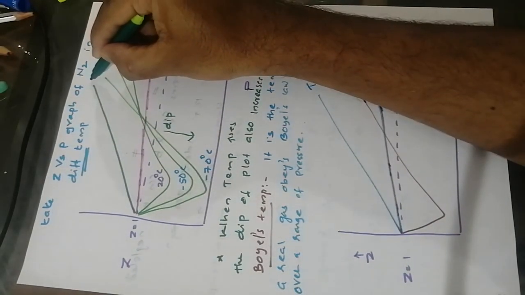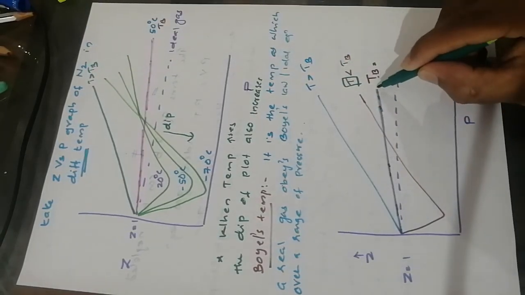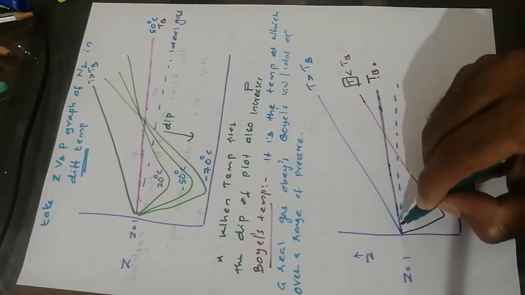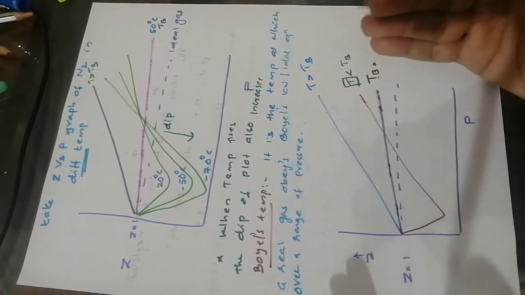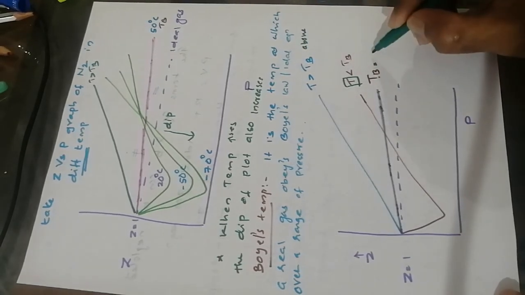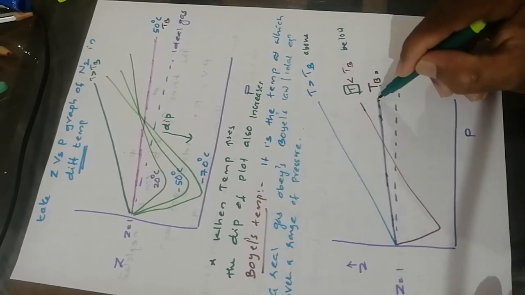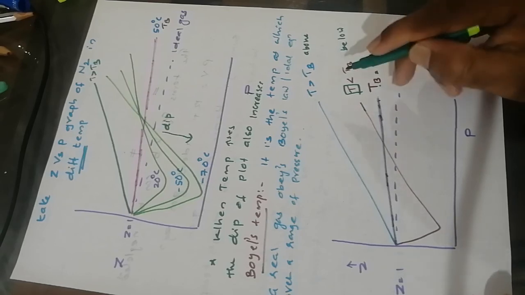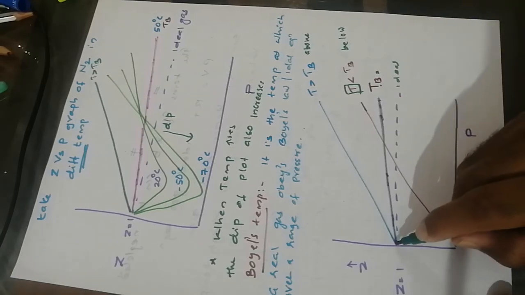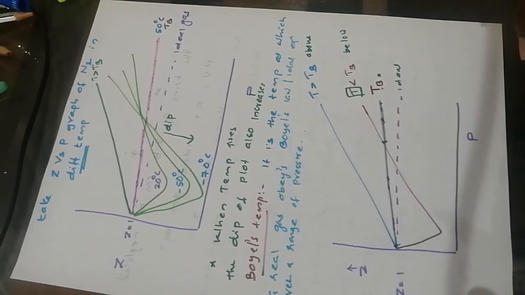Obviously, that temperature should be greater than the Boyle temperature. So this is the plot for a temperature above the Boyle temperature, this one is for a temperature below it, and this is the plot for the Boyle temperature because it is almost horizontal to the ideal plot, and this graph follows the ideal gas equation over an appreciable range of pressure.